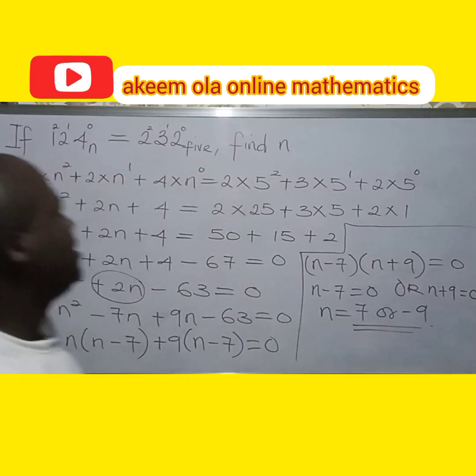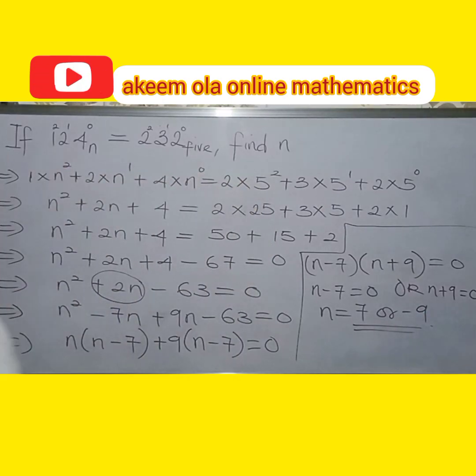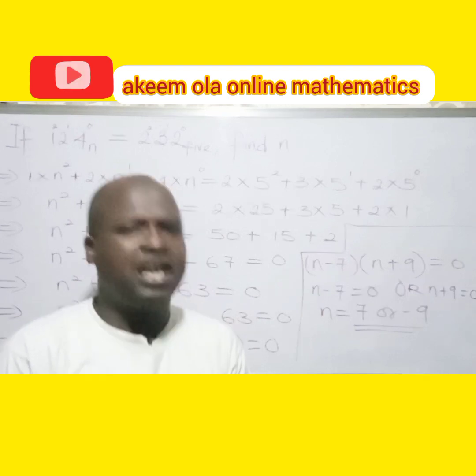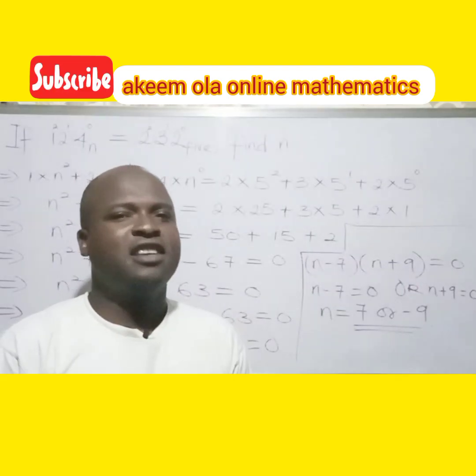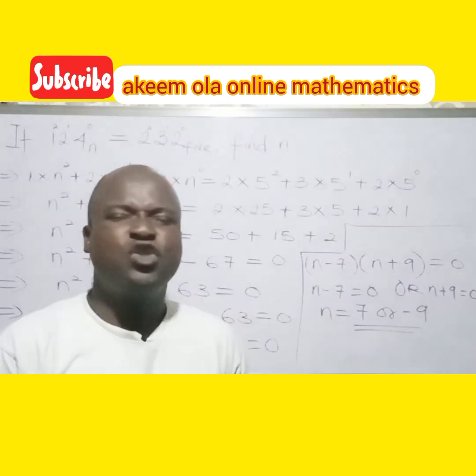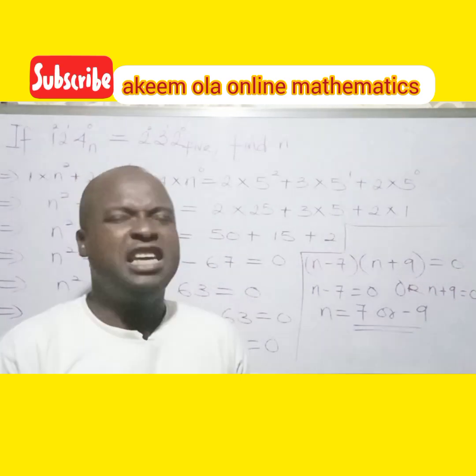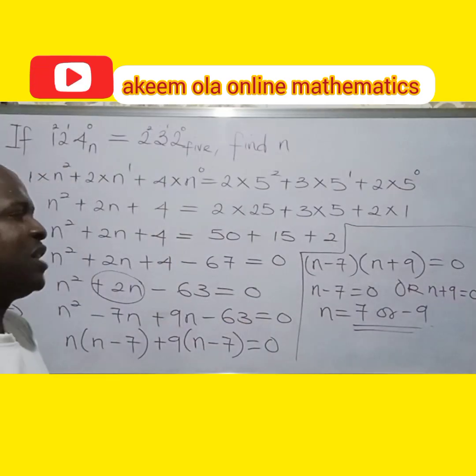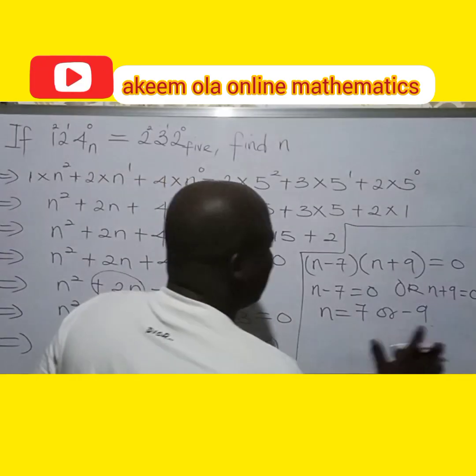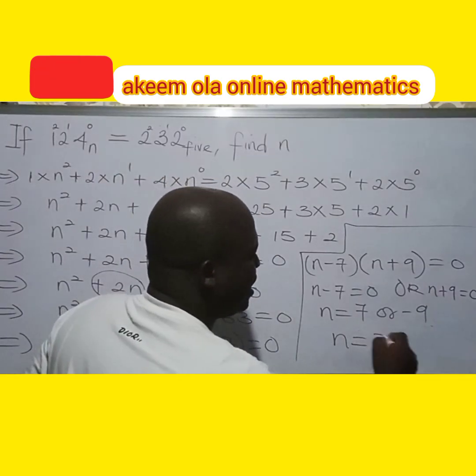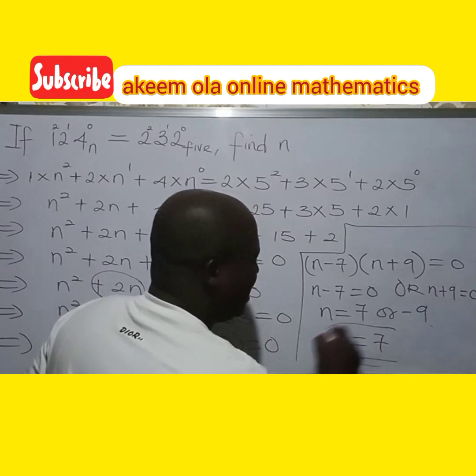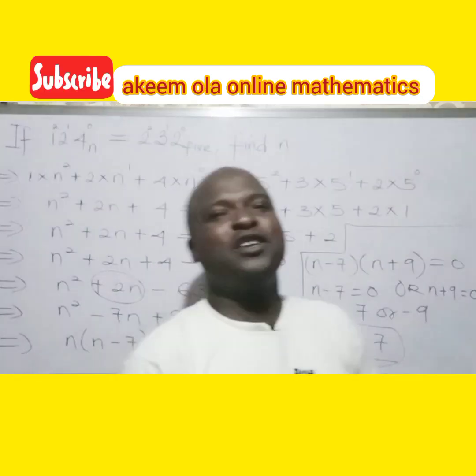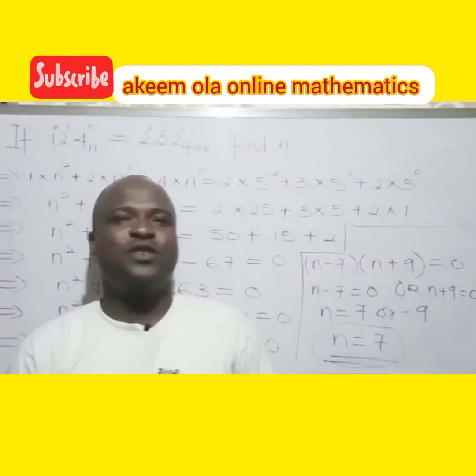But looking at this, when you are solving a question under number base, the value of your n must not be negative and it must not be a decimal. So the right answer to this particular question is that n is equal to 7. That is the answer that we are going to get for this particular question.